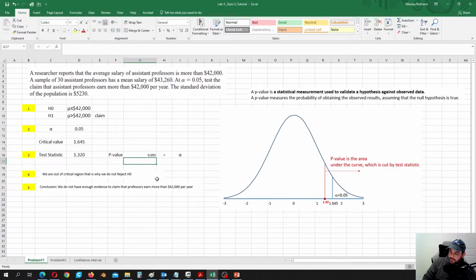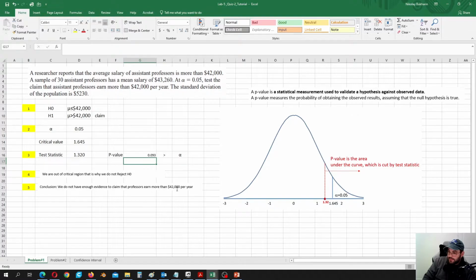So we make the same conclusion, absolutely the same conclusion. Since our p-value is greater than the significance level, we do not reject H0. And as a conclusion, we do not have enough evidence to claim that professors earn more than 42,000 per year.